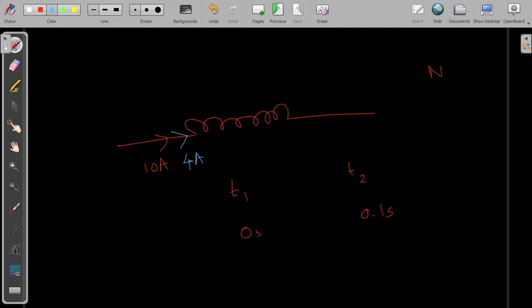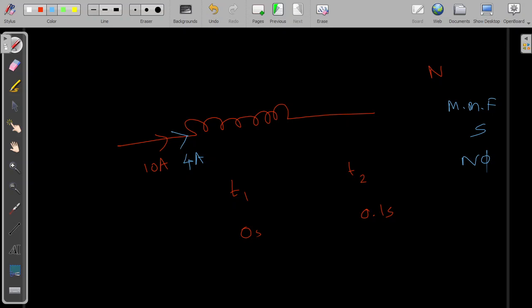So that means the mmf is changing with respect to time, as the current I is changing with respect to time, but the reluctance S is constant. So mmf by reluctance, that is flux, is changing. Flux is changing means N phi, the flux linkage associated with this coil, is also changing.